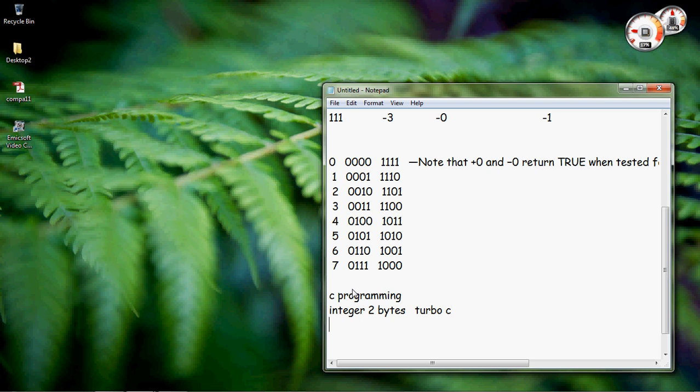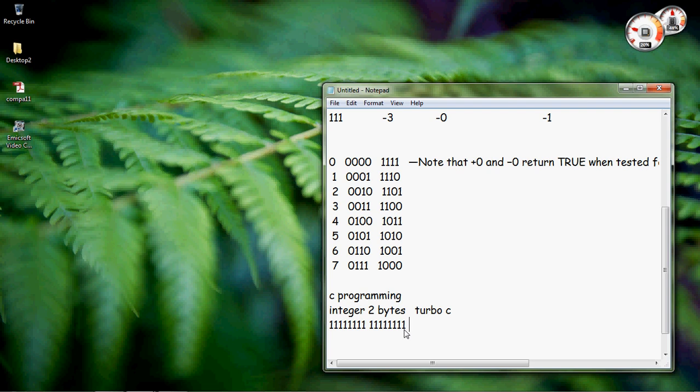So 2 bytes means a group of 8 bits, twice, 1 1 1 1, then 1 1 1 1. And this is twice. So these 2 bytes are reserved to represent an integer in this system.